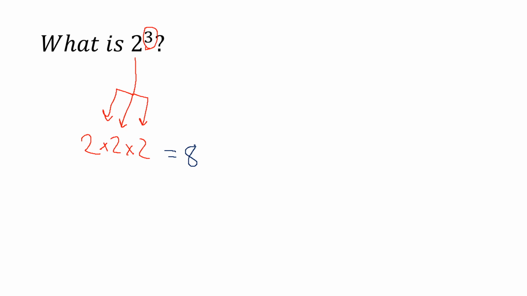Okay. Seems simple enough. But what about if it's a negative? So write down 3 to the power of negative 4. What's that going to be? Whenever it's a negative, it means it's in a fraction.